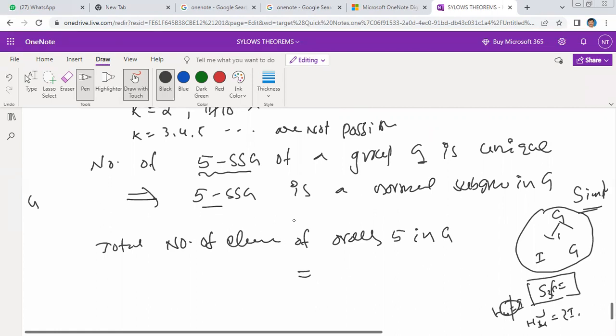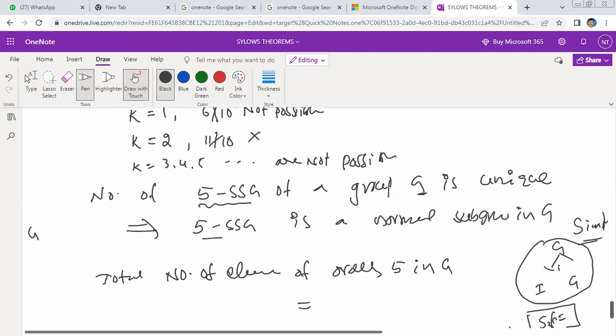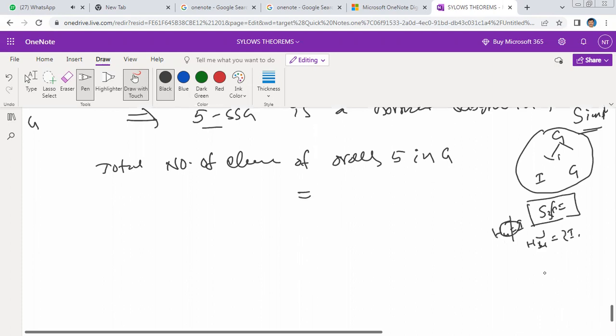What is the order of the 5-Sylow subgroup? The order is 5. How many such 5-Sylow subgroups are there? Only 1, call it H4.